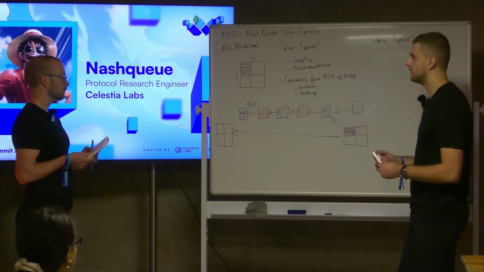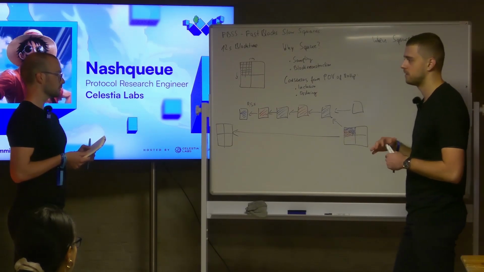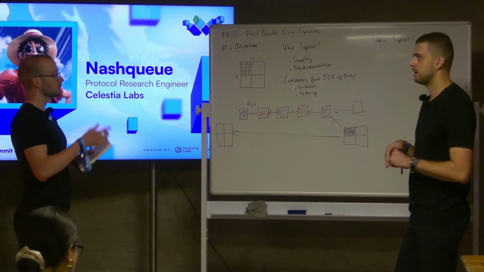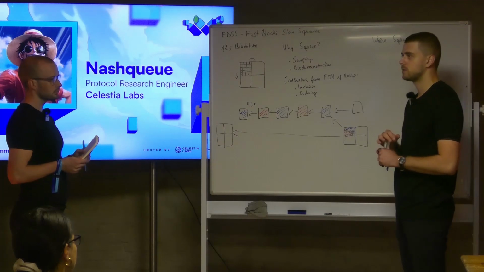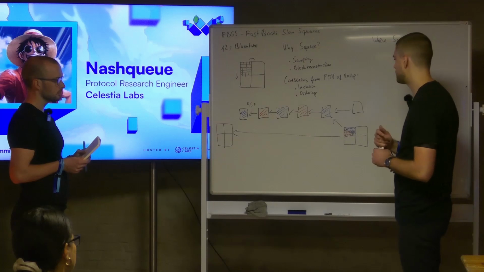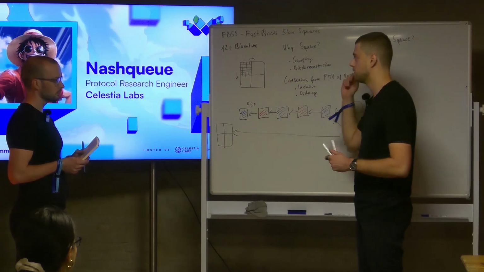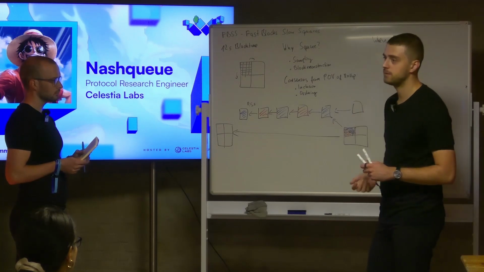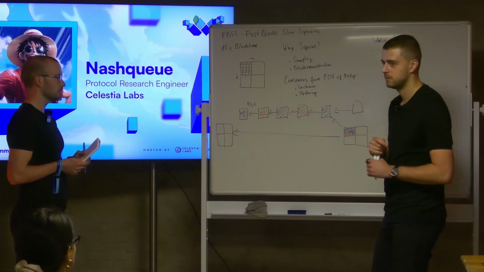The problem here is we want to reduce the resource requirements for light nodes. The amount that they have to sample is constant to the square. So no matter how big the square will be, you will have to sample the same amount of times to have the same probability of availability.